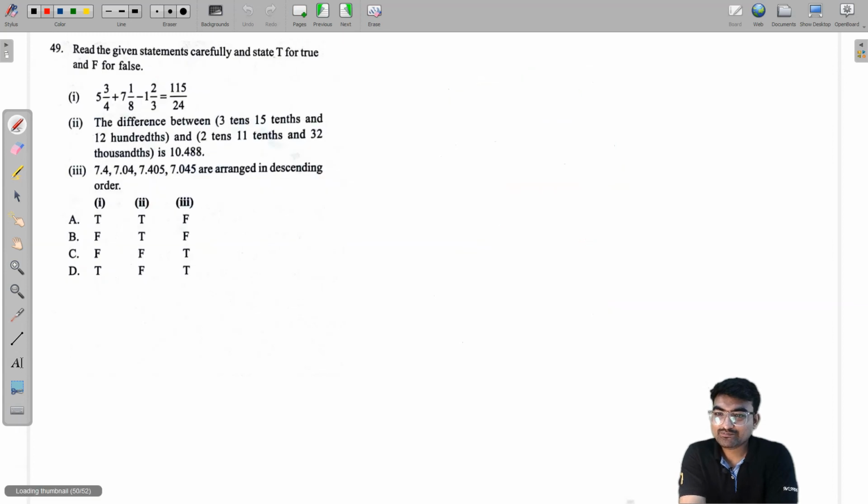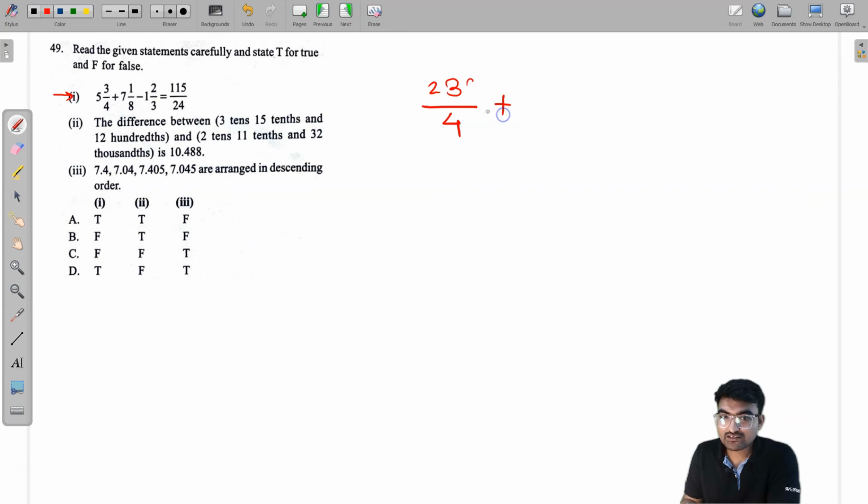Correct? Read the given statements carefully and state T for true and F for false. Okay, so let's try the first one. Convert them into mixed fractions. 5 fours are 20 plus 3, 23 upon 4, plus 7 eights are 56 plus 1, 57 upon 8.